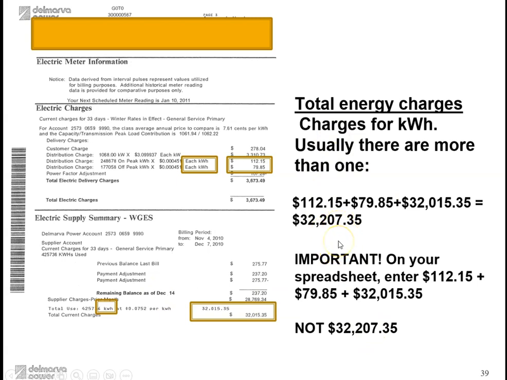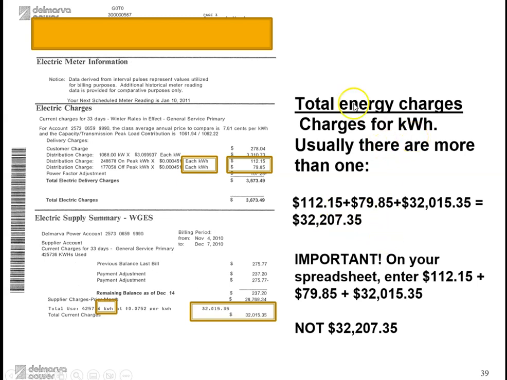And here's why. You're going to enter in a lot of data, and you're going to spend possibly hours on your spreadsheets. And if you get one little number wrong, and your energy cost one month is like $10,000 when really it should be $32,000, just because you messed up a decimal place or whatever, it's a lot harder to figure out what you did wrong if you don't keep your formula, okay? So make sure you type in all of the individual energy charges so you know where this number came from. Okay, that's very important. So that's your energy charge.